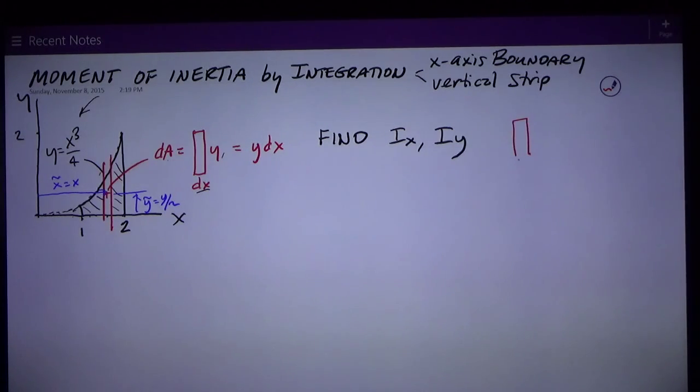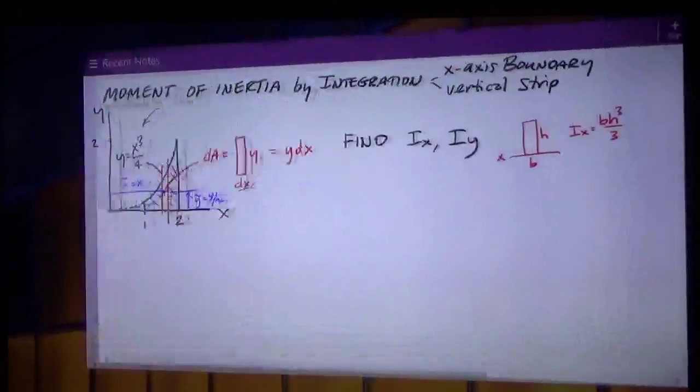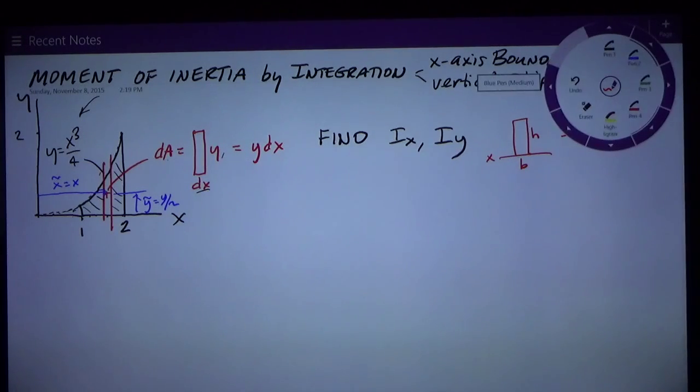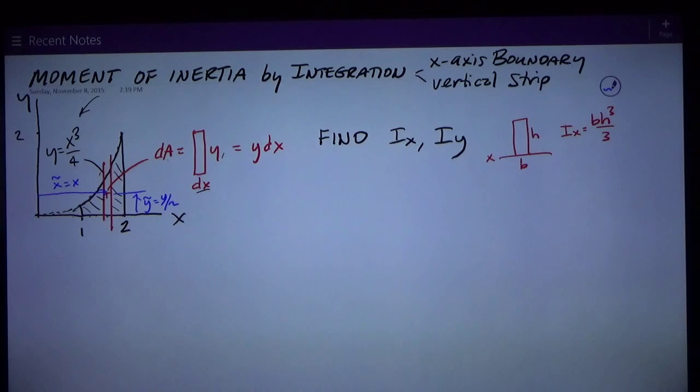If I have a rectangle with an axis on its base, let's call it the x-axis, and its base is b and its height is h, the moment of inertia about the x-axis is bh cubed over 3. In this case, we're going to say that's our differential element, dIx.